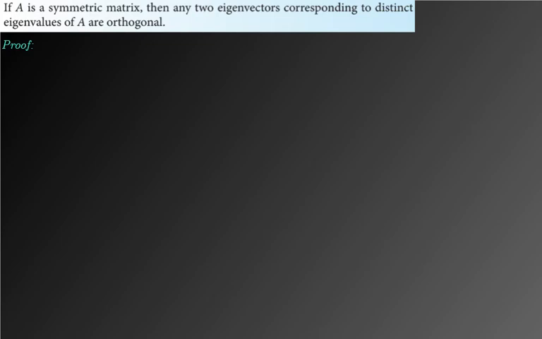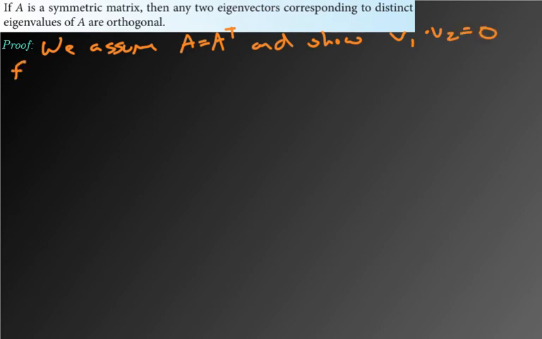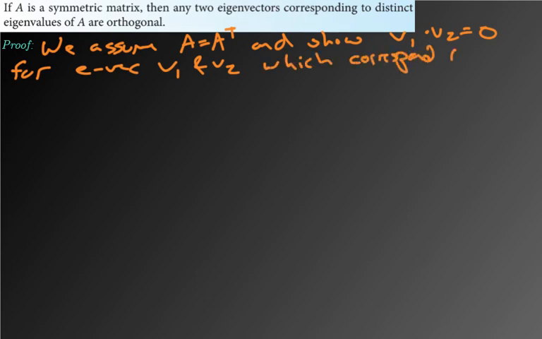All right, so here what we have is, basically we assume A equals A transpose and show V1 dotted with V2 equals 0 for eigenvectors V1 and V2, which correspond to distinct eigenvalues.